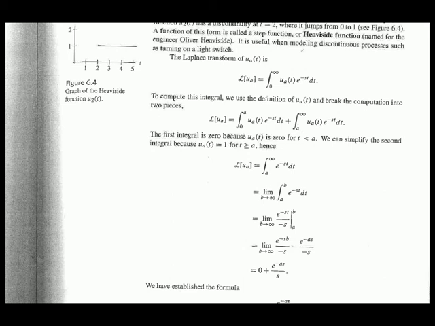Then they make a change of variables and come up with this. So the Laplace transform of u sub a, which is a discontinuous function that changes from 0 to 1 at a, is e to the minus as over s.